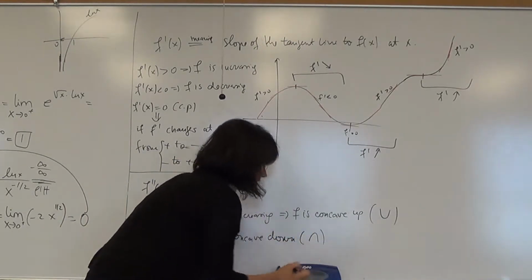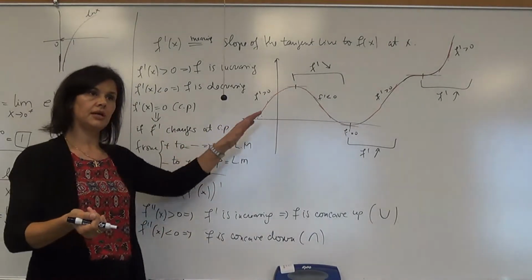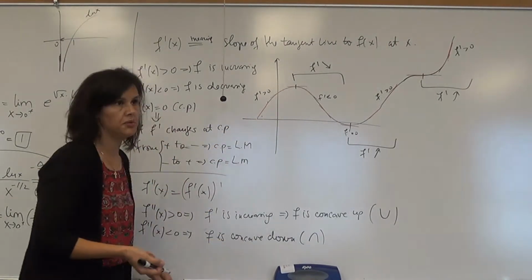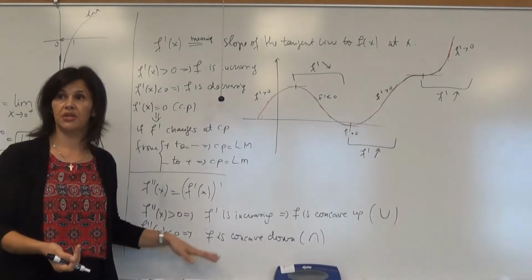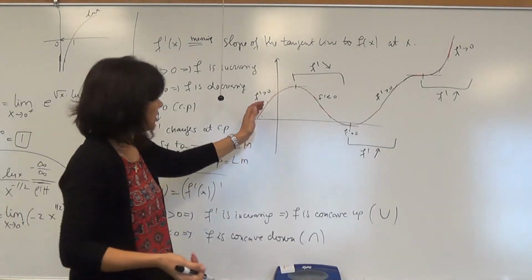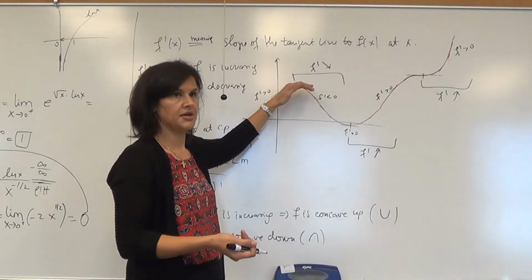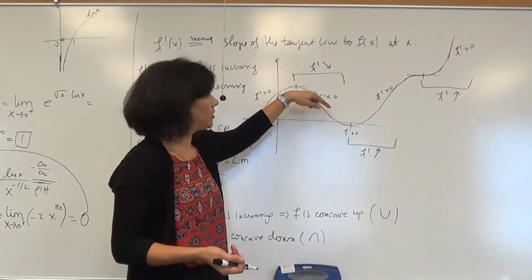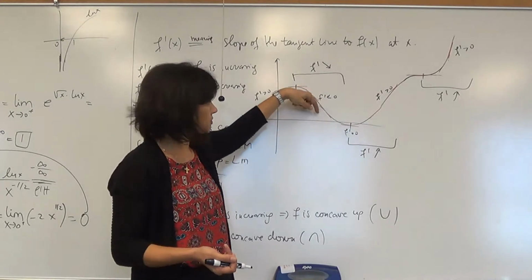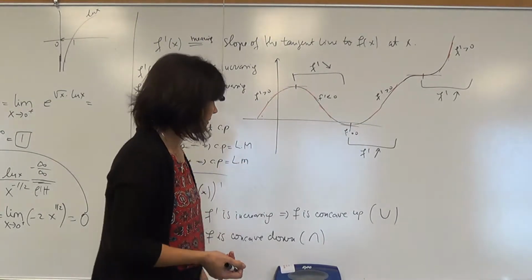Or this one, concave down. Now you realize that sometimes solving f double prime is much more work. Sometimes you don't need to solve f double prime because if you ended up with a local maximum, you can't have a local maximum if it's not concave down. A local minimum should be concave up.